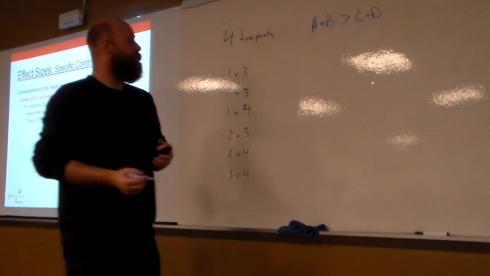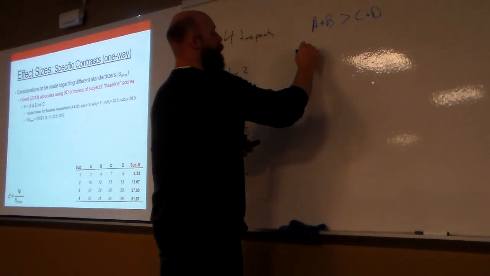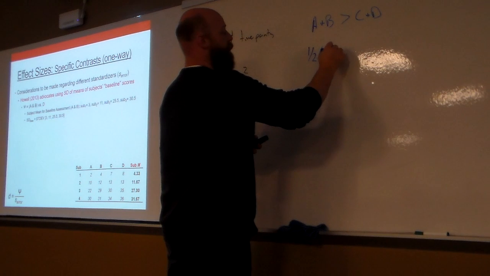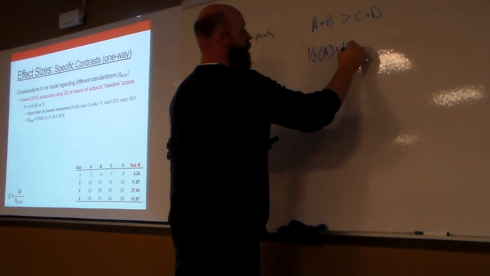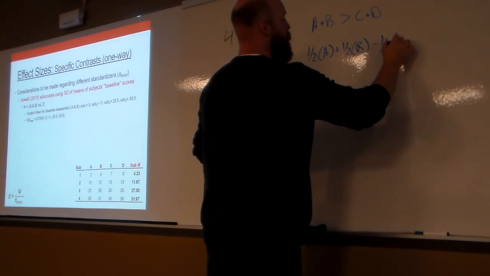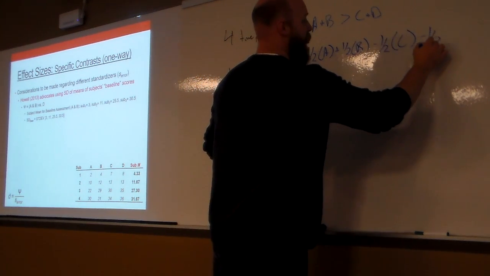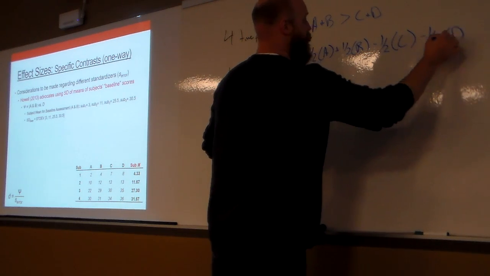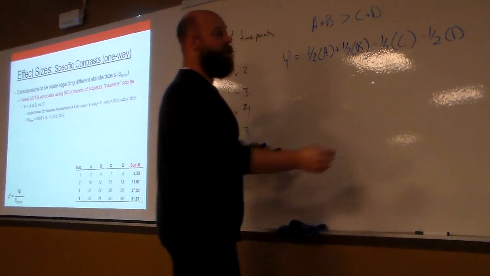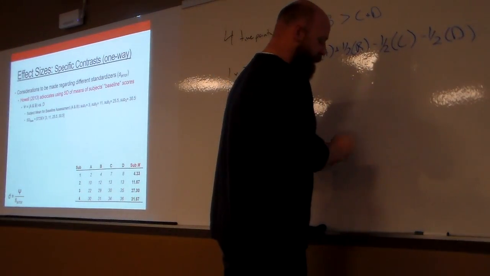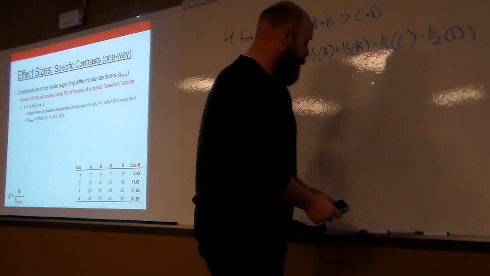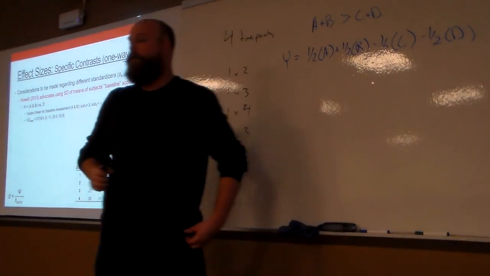So we'll say 1/2 A plus 1/2 B minus 1/2 C minus 1/2 D, and this is going to be the value of my contrast here. Do people see the example we're getting at with this one-way repeated measures ANOVA?